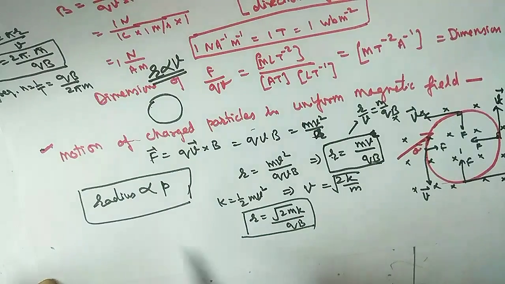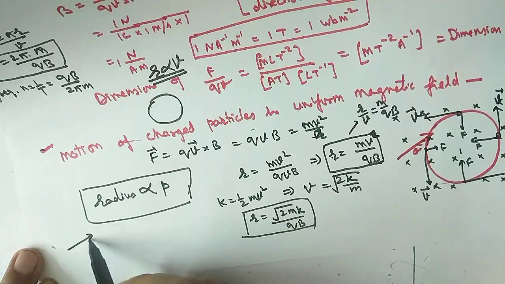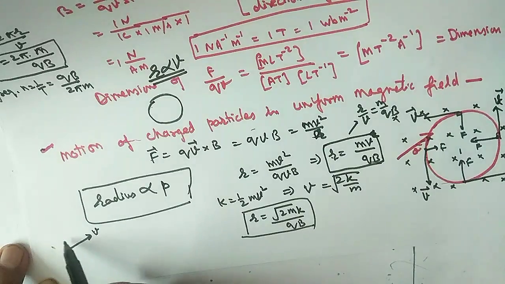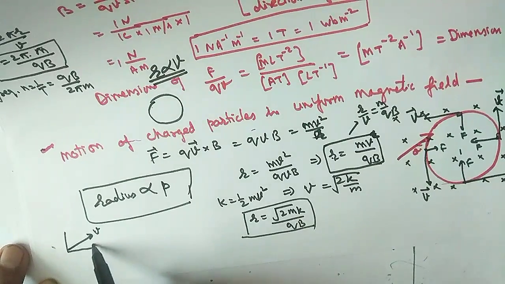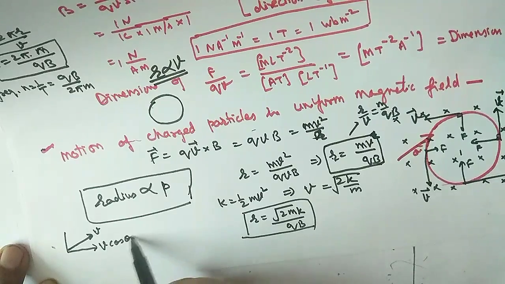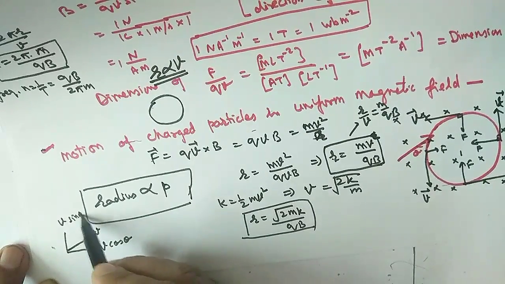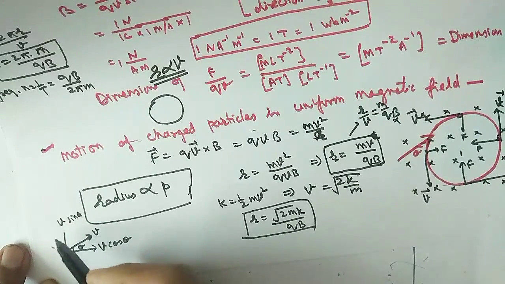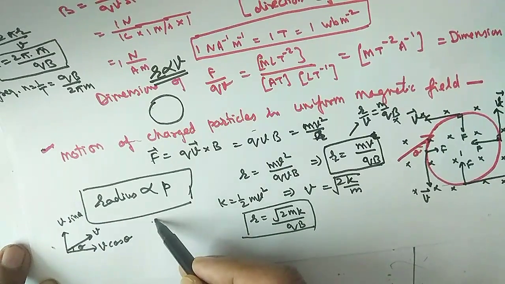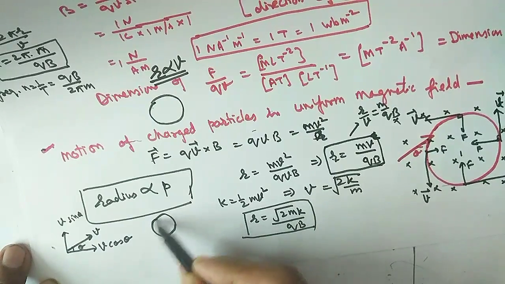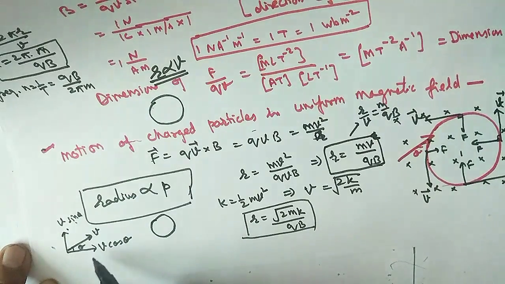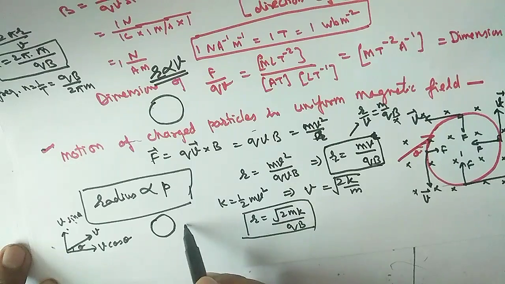In that case, the direction of motion of the charged particle can be resolved into two components, V cos theta and V sin theta. V sin theta will try to move the charged particle in a circular path, but the other component will try to move the charged particle linearly.